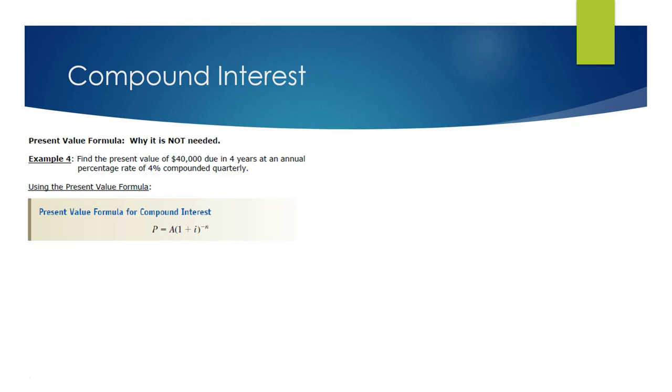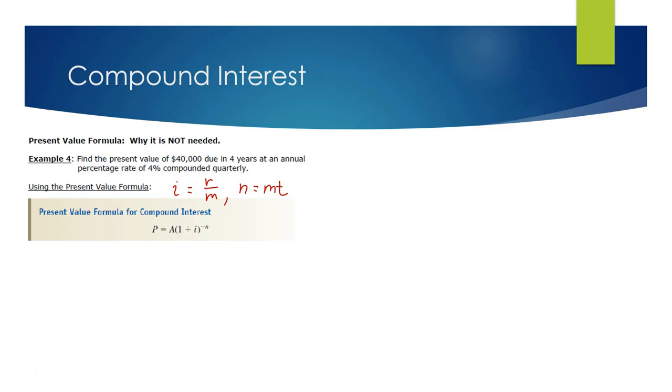So they have this formula here, P equals A times (1 plus i) to the negative n power, where again, i and n are defined as they were in the compound interest formula. i is basically r over m, r being the interest rate, m being the number of conversion periods, and n is equal to m times t.